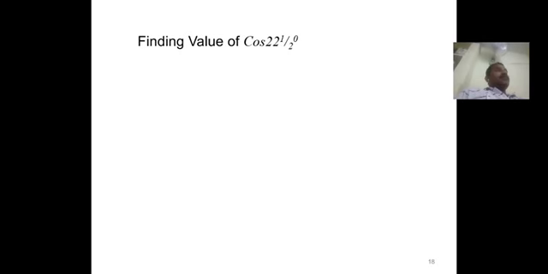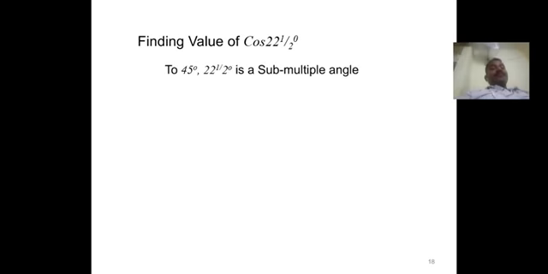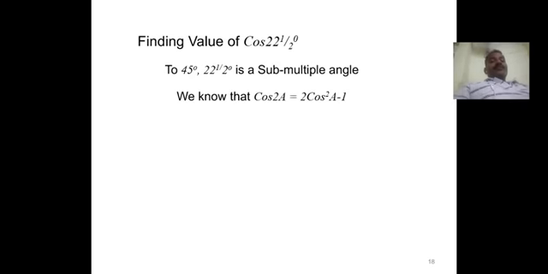Now for finding the values of cos 22 and a half and sine 22 and a half, we use the cos 2a formula. Cos 2a is 2 cos square a minus 1. If you substitute a equal to 22 and a half, then cos 45 is cos 2 times 22 and a half, that is 2 cos square 22 and a half minus 1.